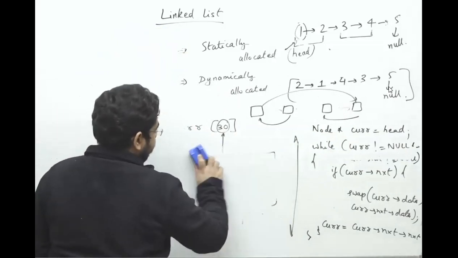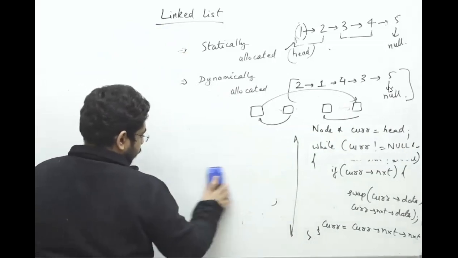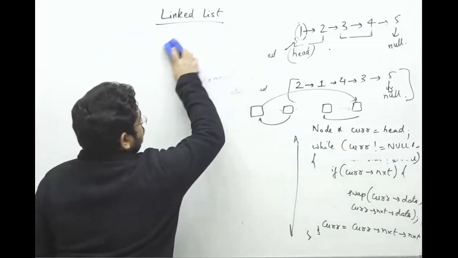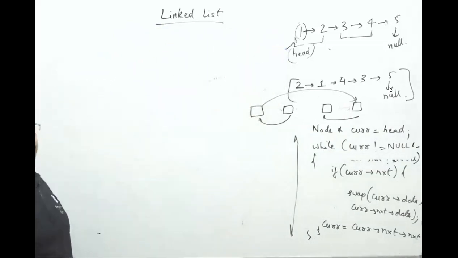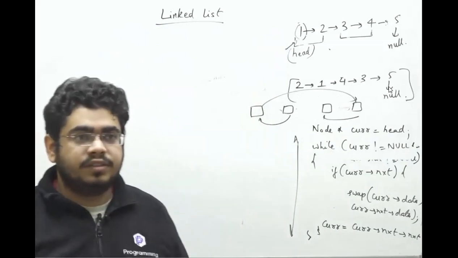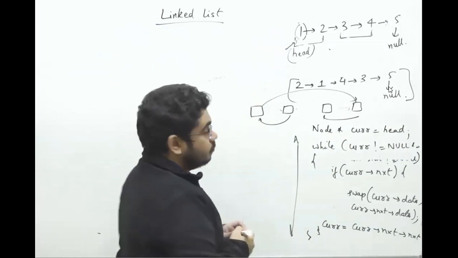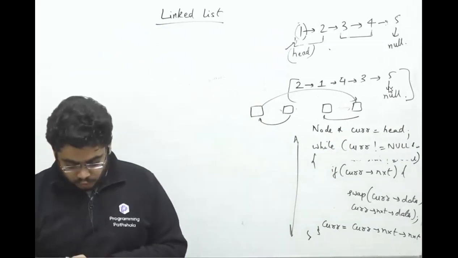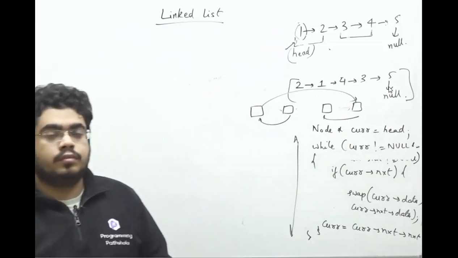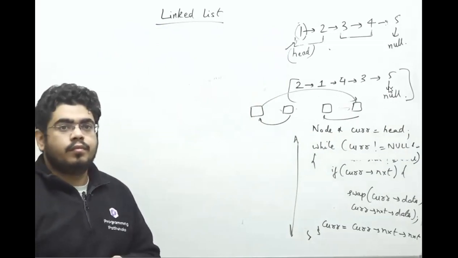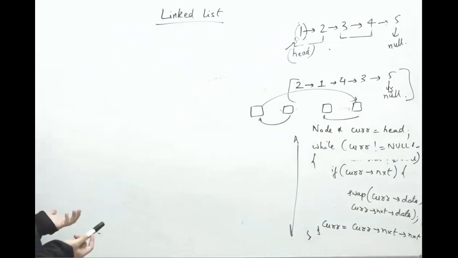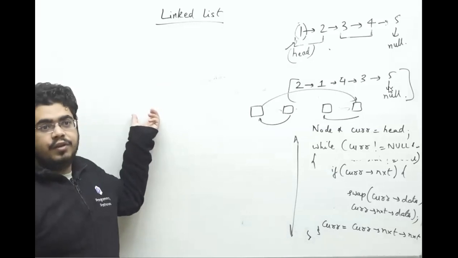Some people are saying temp node. Can I do this? Can I create a separate linked list altogether? What do you think? I'll say I have a new linked list.